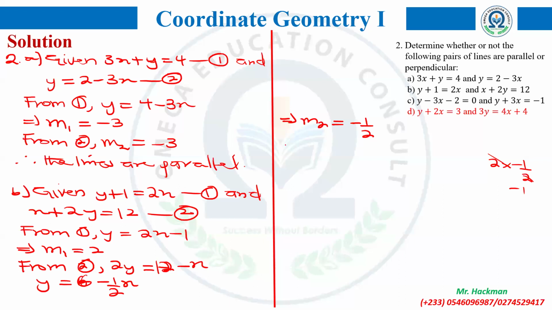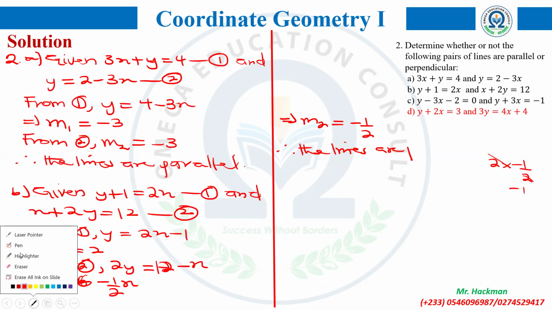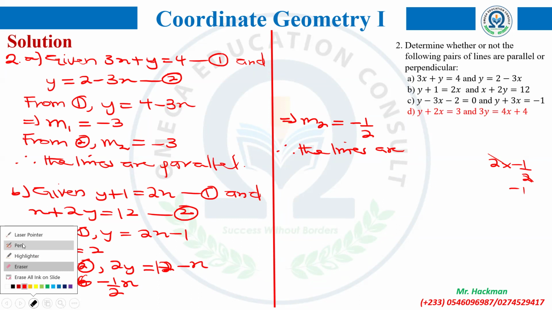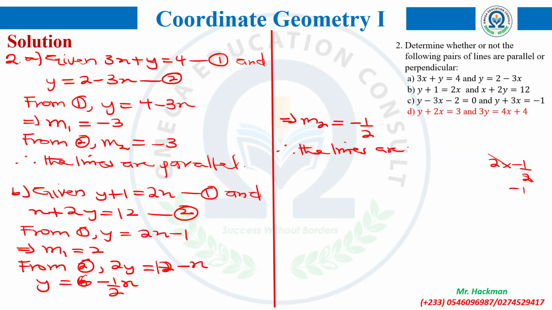Very good. So you write, therefore, the lines are perpendicular. Let me use the notation so that you also learn to do that. You take the English out, you give the English to your English teachers. We need the math. So perpendicular.